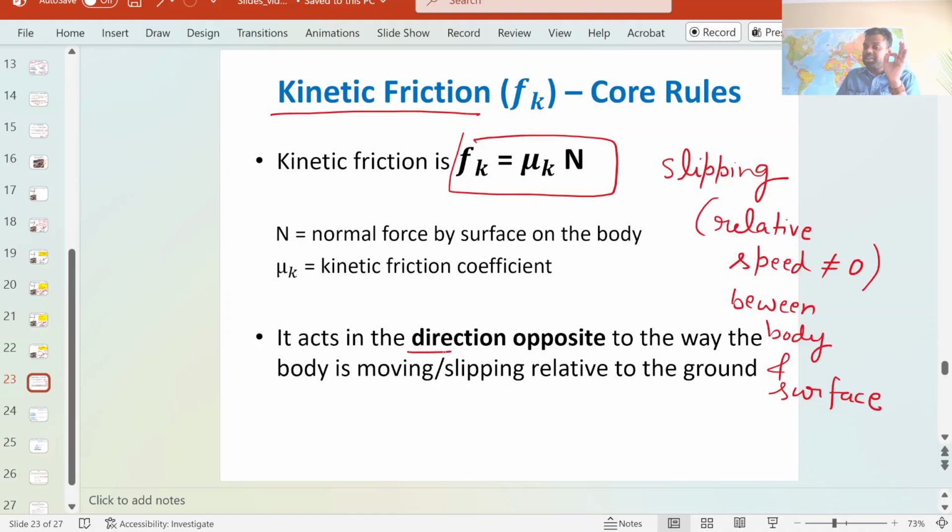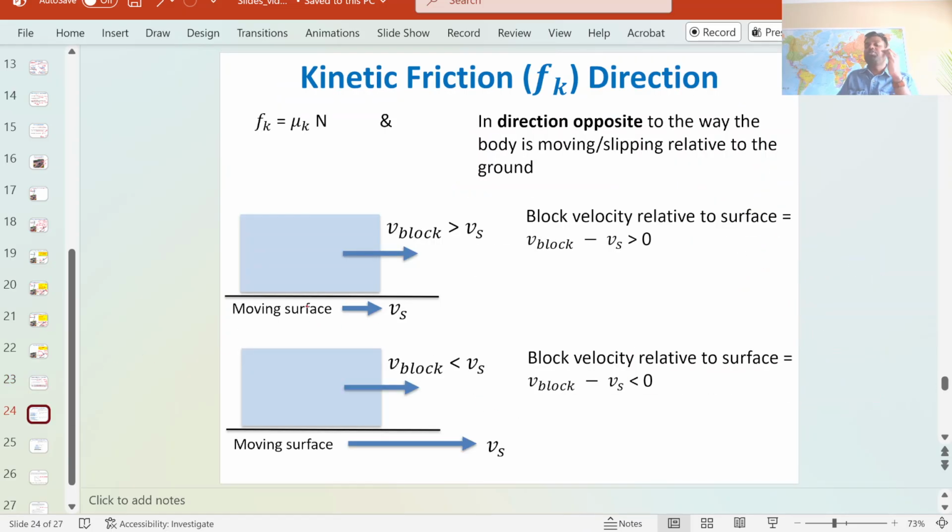The direction will be opposite to the way the body is moving or slipping relative to the ground. So let us look at these two examples. Kinetic friction is always mu Kn. It is in the direction opposite to the slipping or relative motion.